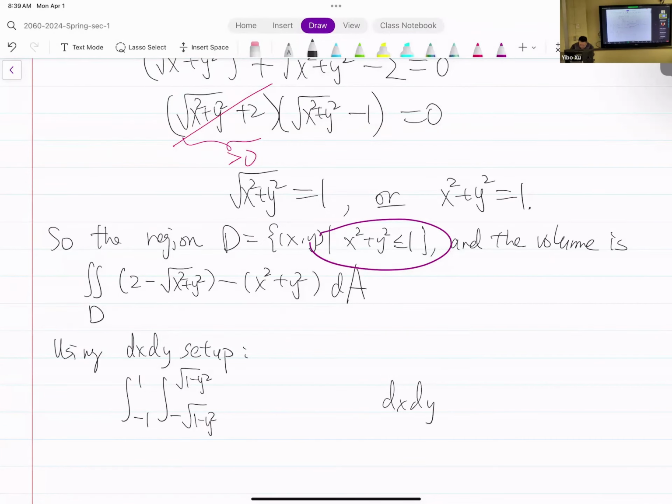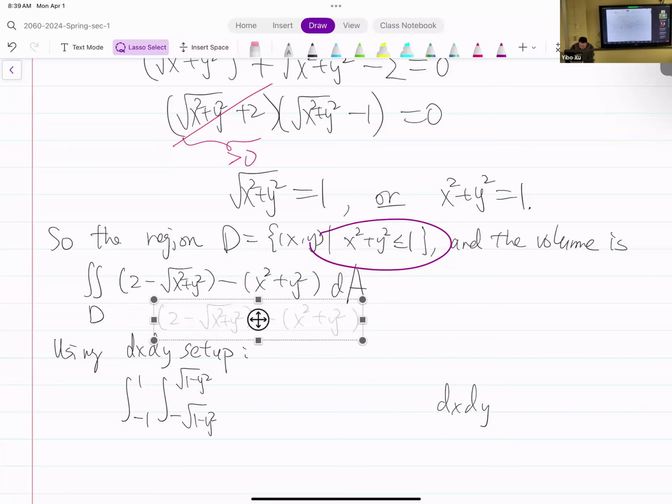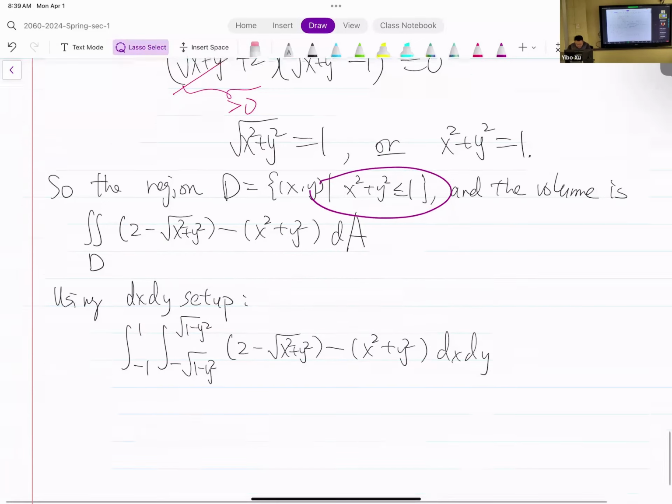Then the functional expression is the same thing, so I can achieve that by copying this down. Which is definitely not simple to calculate.